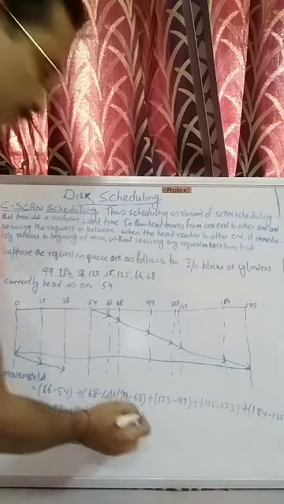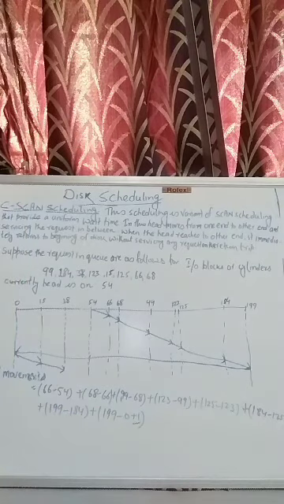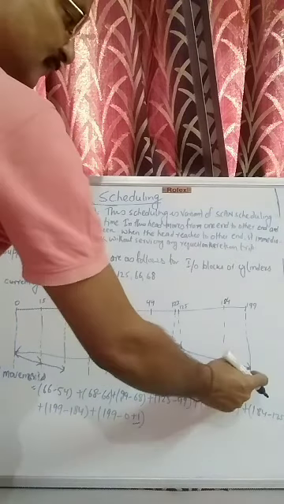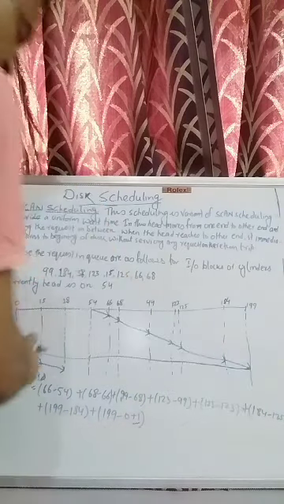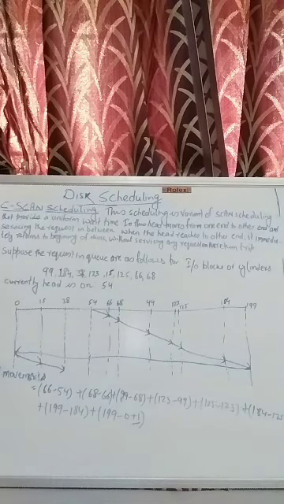Here I add 1 in this case because the total displacement from cylinder 199 to cylinder 0 is 200, because we suppose the disk size is 200 cylinders.